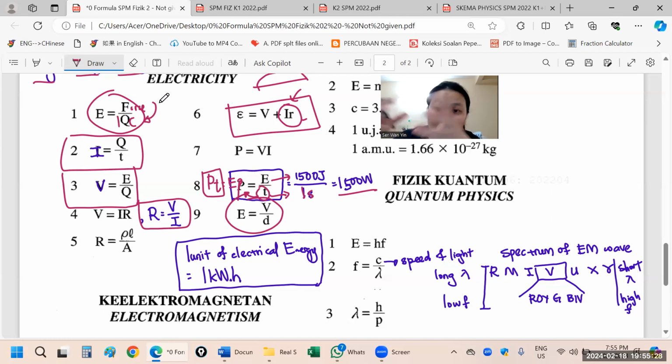So how strong is the electric field? And then if they ask to find the cost of energy, how do we find 1 unit of electrical energy? We use 1 kilowatt hour. Let's say they say 1 unit is 28 cents, just multiply only.